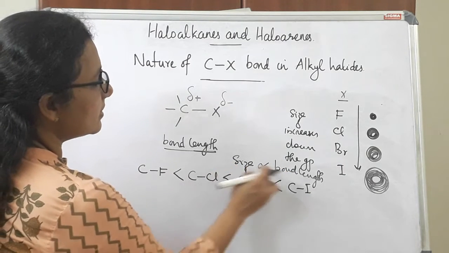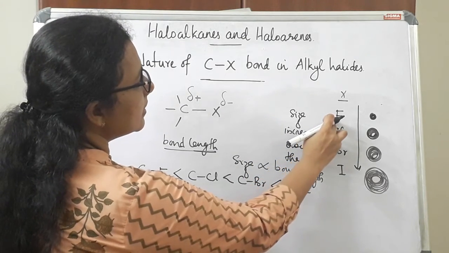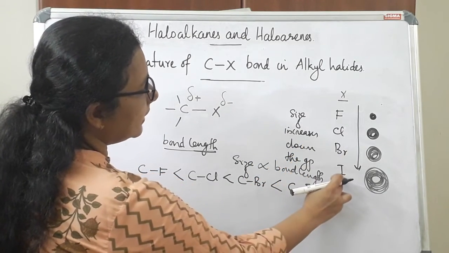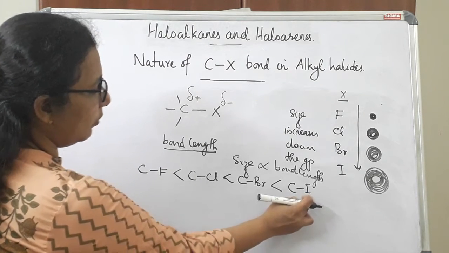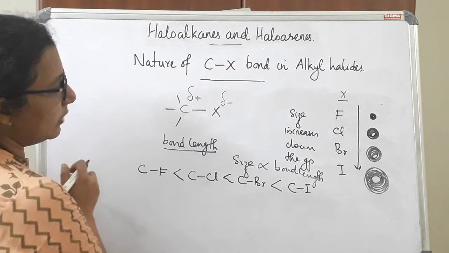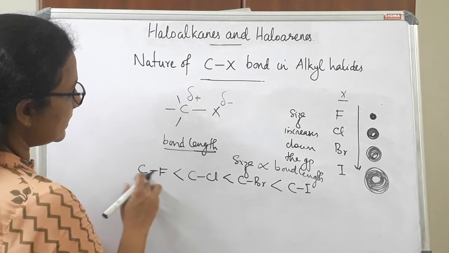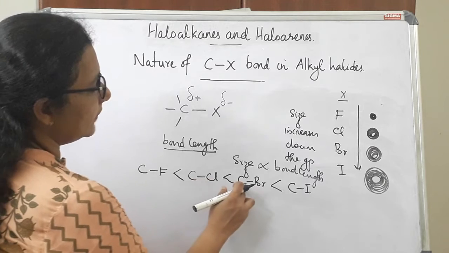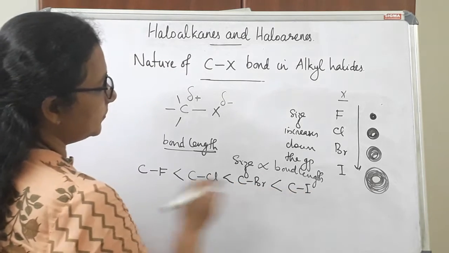When size increases, bond length also increases. Fluorine is the smallest atom and iodine the biggest, so C-I has the most bond length and C-F the least in this group. The bond length order is C-F less than C-Cl less than C-Br less than C-I.